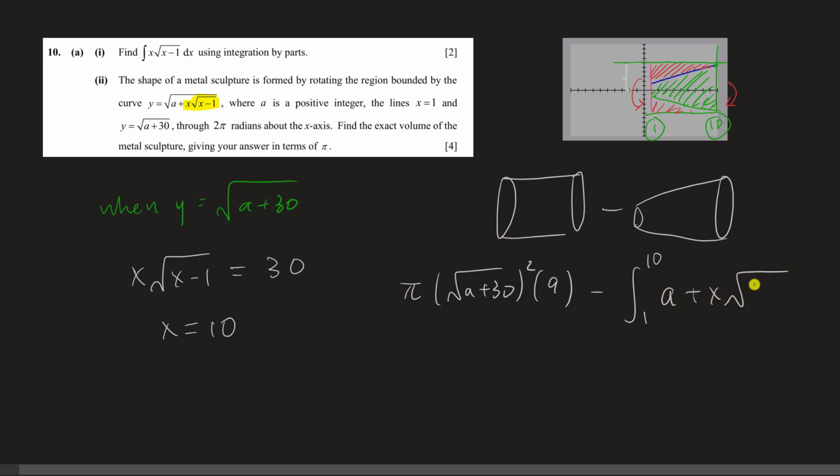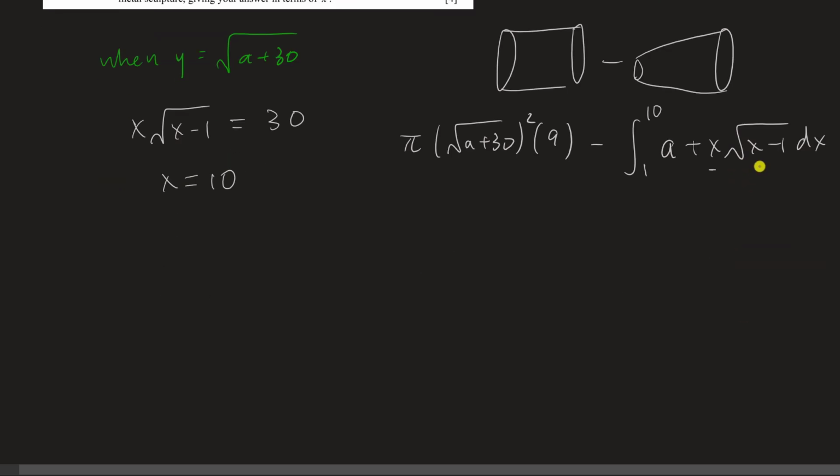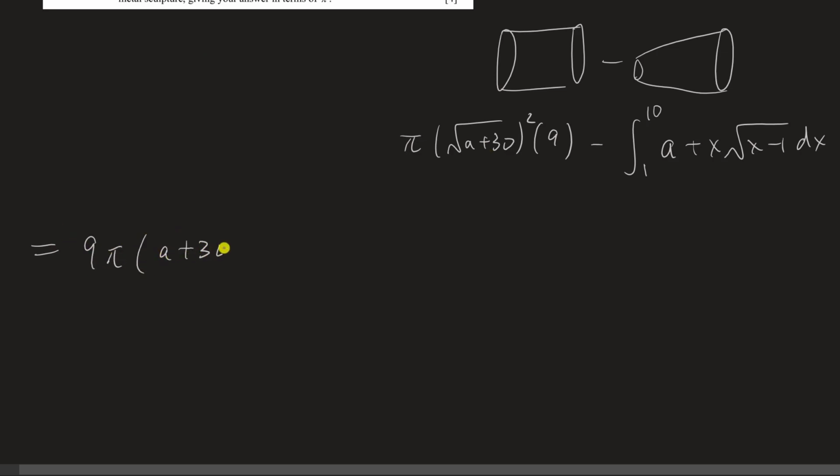So it's simply this. Now if you look at this one, we actually did that in part 1 already. So let's go ahead and simplify this entire expression. Here you will get 9 pi times (a + 30) minus away the integral of a dx from 1 to 10, minus away the integral of (x - 1) dx from 1 to 10 as well.